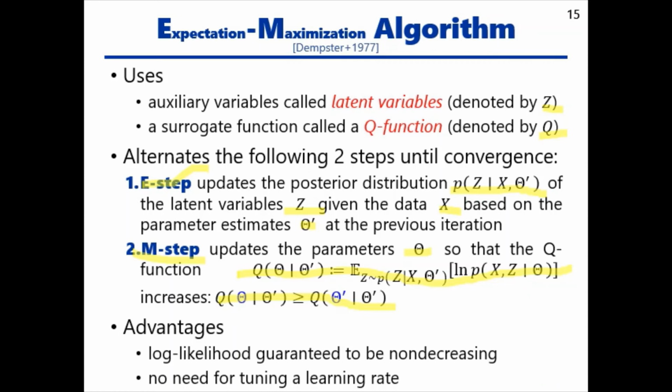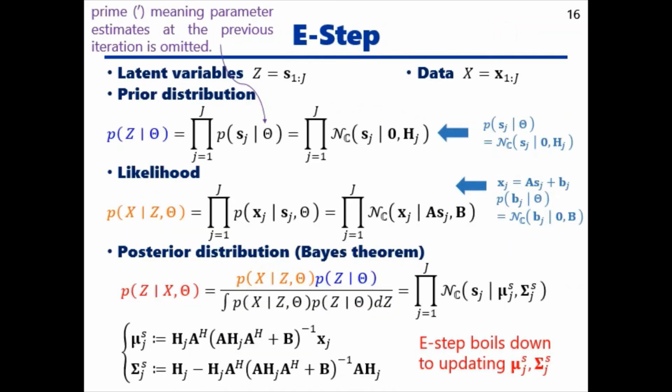The EM algorithm has many advantages. For example, it is guaranteed that the log likelihood is non-decreasing. Moreover, there is no need for tuning the learning rate, unlike in gradient method. In our case, the latent variable Z consists of the source signals S, and the data X consists of the mixtures X. The E-step updates the posterior distribution of Z given X, which is given by this equation because of the Bayes theorem.